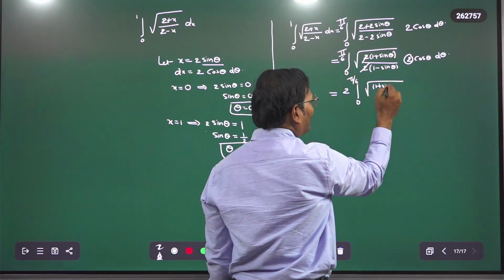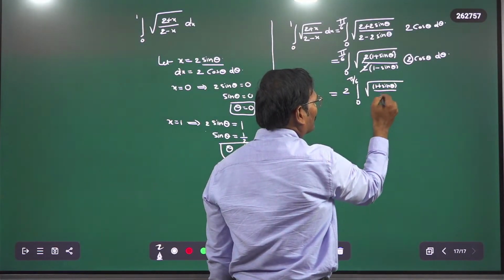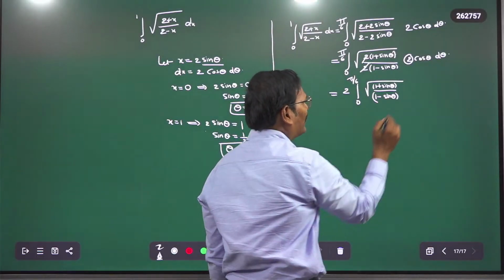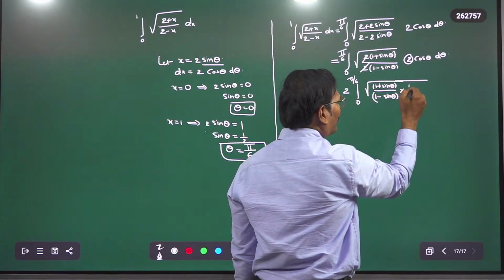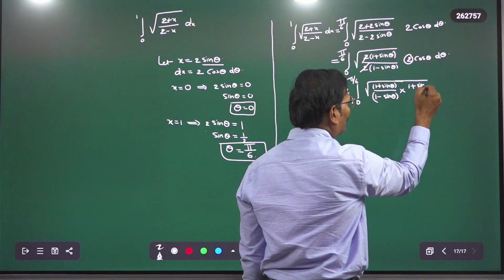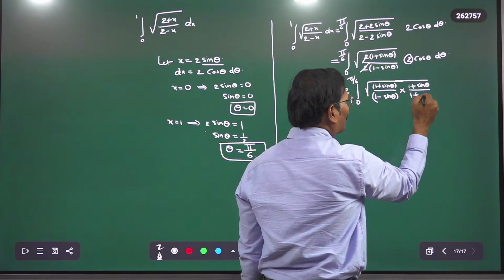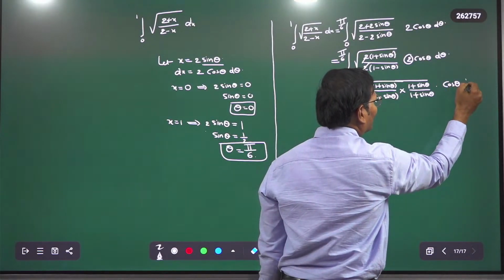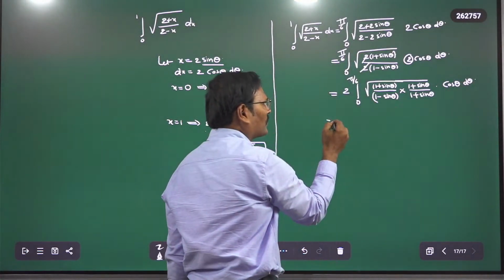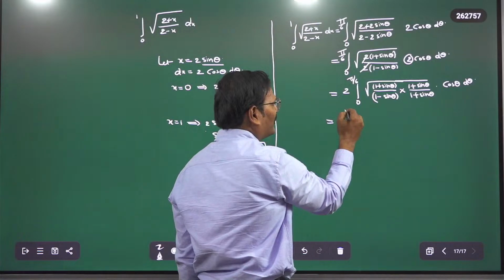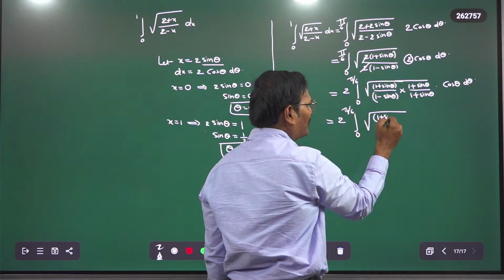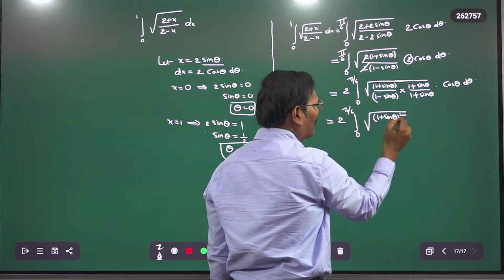1 plus sin theta by 1 minus sin theta. So I am rationalizing the denominator: 1 plus sin theta by 1 plus sin theta, into cos theta d theta. 2 into integral 0 to pi by 6 under root of 1 plus sin theta into 1 plus sin theta, 1 plus sin theta whole square.